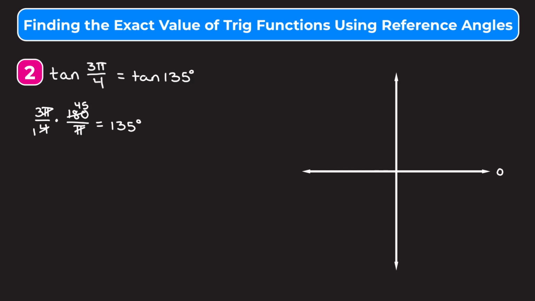Now let's label our degrees on our diagram. 135 degrees is going to be right around here, like that, and I'll write 135 degrees. We're going to draw a triangle in with the x-axis, and now we want to find this blue angle.